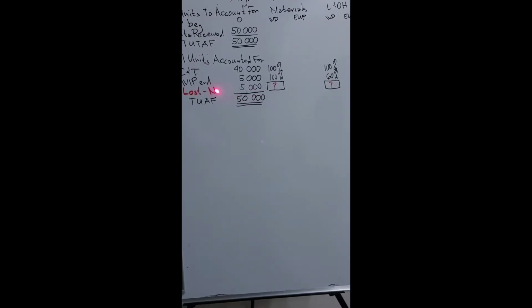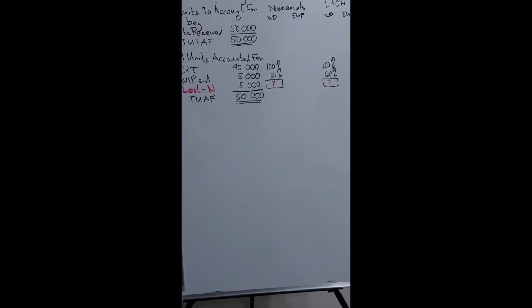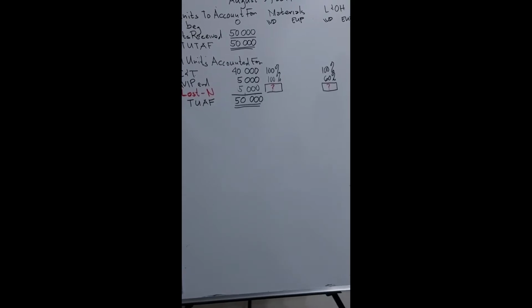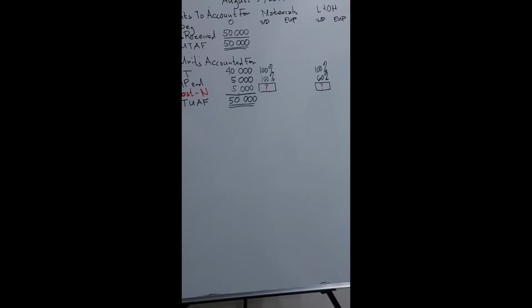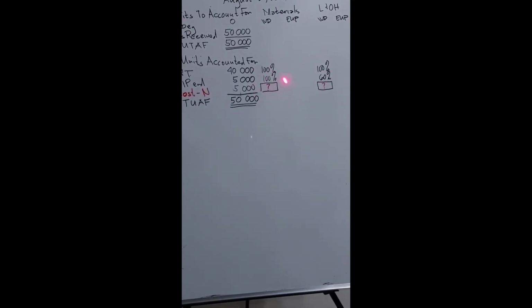Okay, so kailan daw na-discover yung loss units? Ang loss units natin ay normal, na-discover at the beginning of the process. So ano yung rule natin kapag na-discover at the beginning of the process? First is, no work done. Di ba? So do not assign work done. So ibig sabihin, dito, wala yan dapat. So, 0 yan dapat.